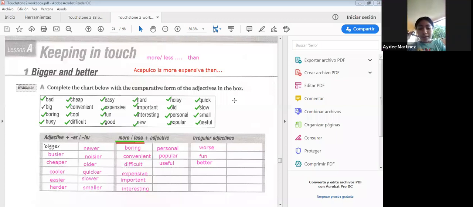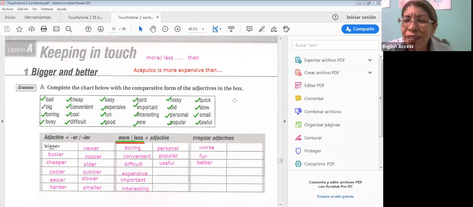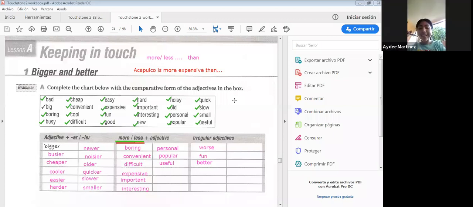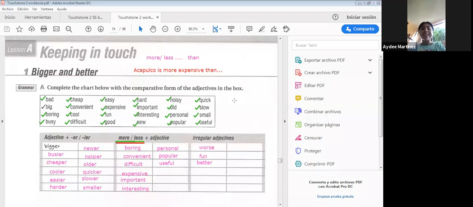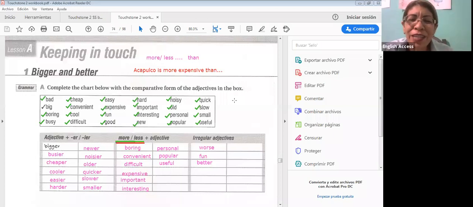The mathematics. Don't say that. Okay, mathematics. Just mathematics. Mathematics is more easier for me. Is more easier. Pay attention to the chart. Is it correct to say more easier?